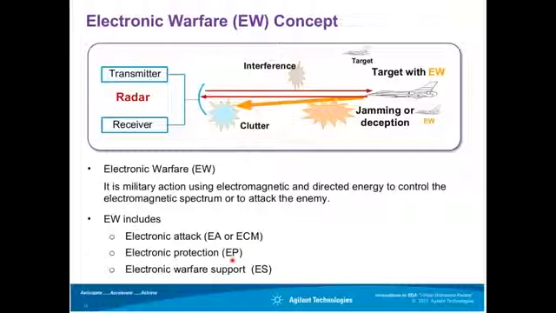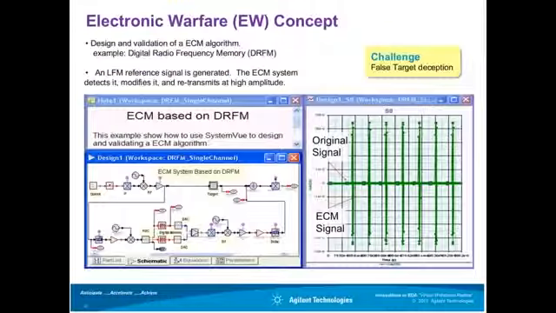The platform we provide allows you to use the signal, the radar portion, to create a signal to test your EW, and send out jamming and deception to be tested in a radar receiver to see if your EW design is okay or not.